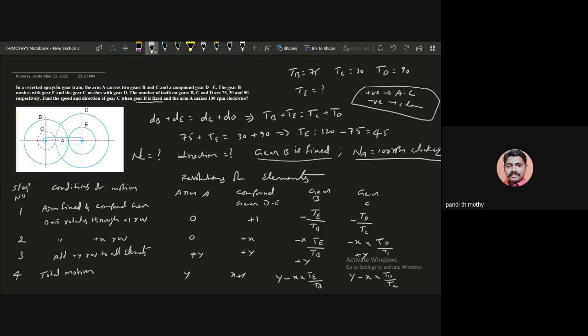So now I formed the table with 4 steps. Now let us see how to solve this problem.